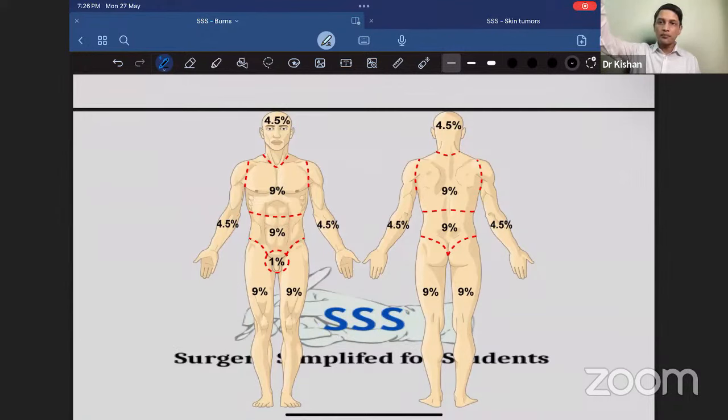Right upper limb 9%, left upper limb 9%. Front of right lower limb 9%, back of right lower limb 9%, front of left lower limb 9%, back of left lower limb 9%. So it's 99% and 1% is perineum and genital region.